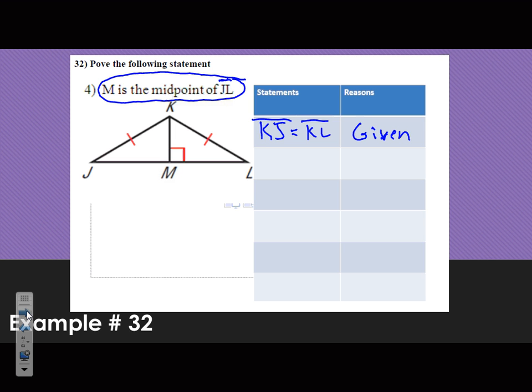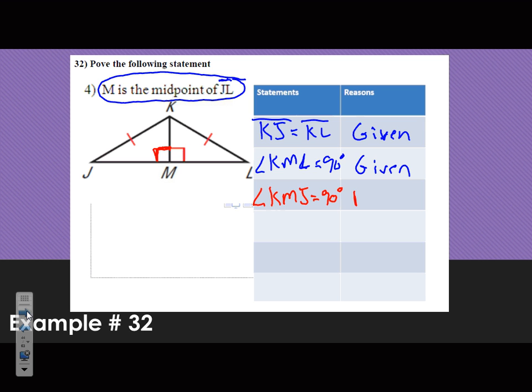We also know that angle KML equals 90 degrees, given. Now, since that equals 90 degrees, we know that this over here is going to equal 90 degrees, so we can say angle KMJ equals 90 degrees.